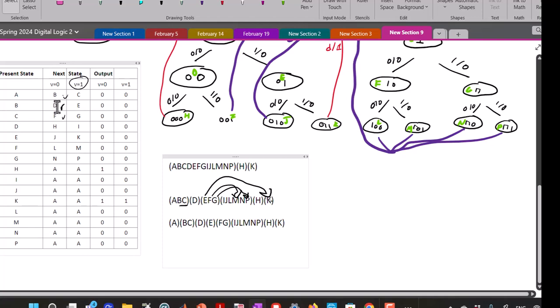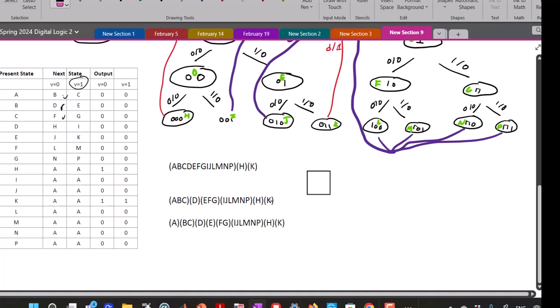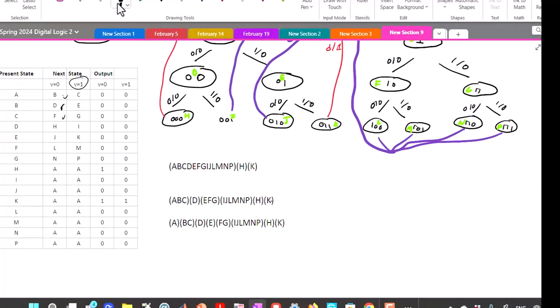So let me look at B. B has as its 0 successor D. And C has as its 0 successors F. So B and C do not in fact stay together.